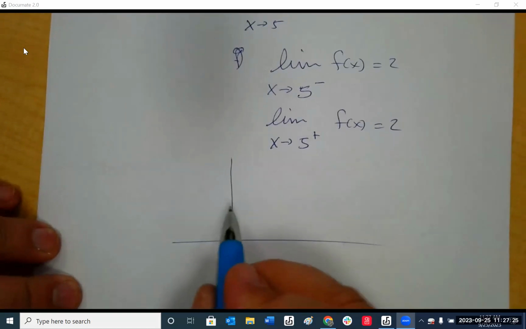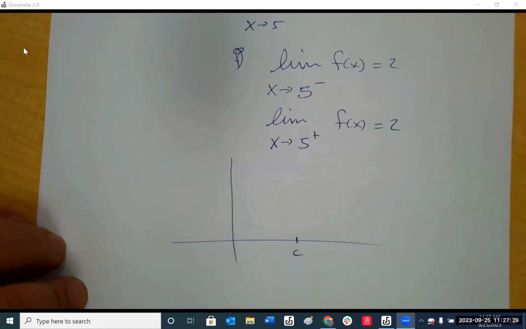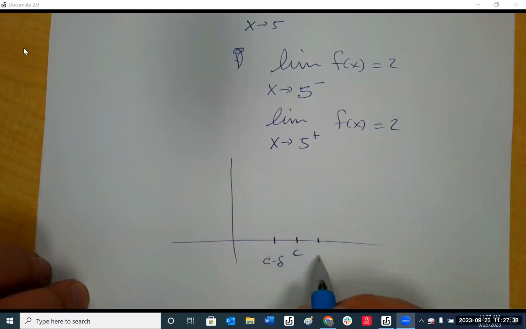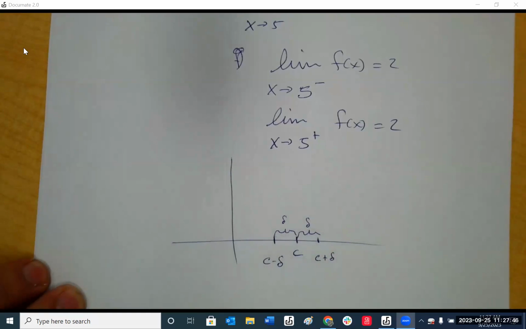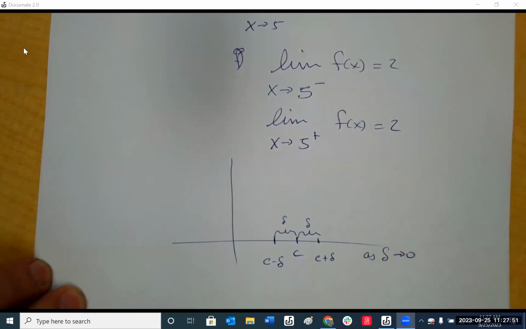Remember, what we're looking at here is for any function at some value c, we have a band. We have c minus delta, and at this point we have c plus delta. This distance is delta. As delta goes to 0, these points get closer, closer, closer.